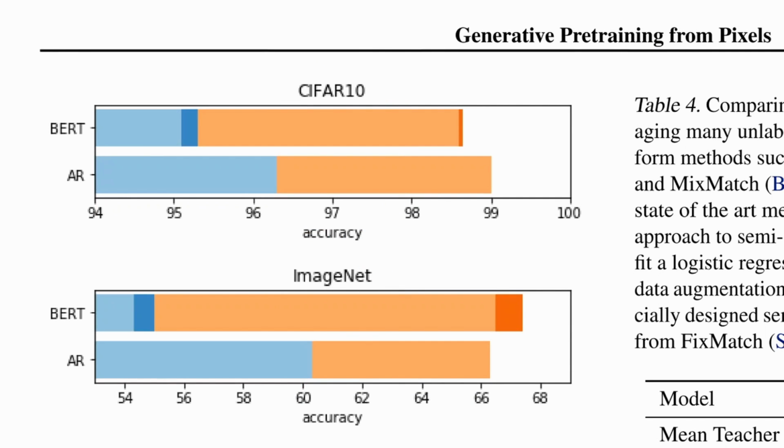Now, the blue is what you can reach with a linear probe, and the orange is then on top of that what you can reach by fine-tuning. Okay, so no linear probe, but fine-tuning. Well, I have to say that the fine-tuning is always done at the end.